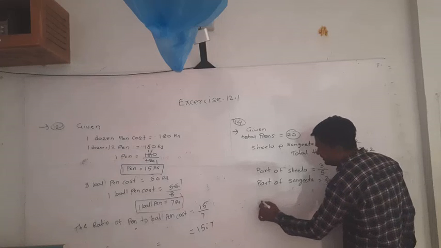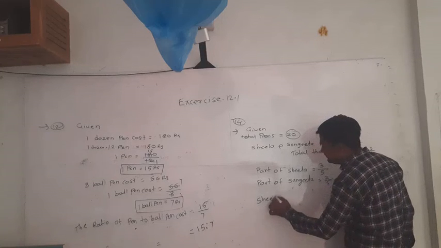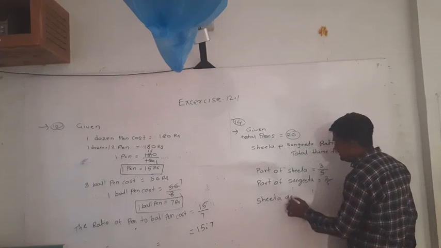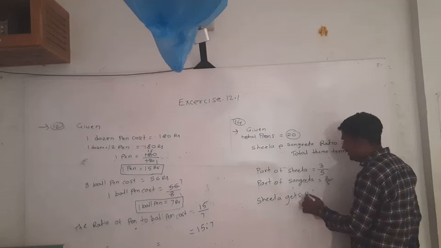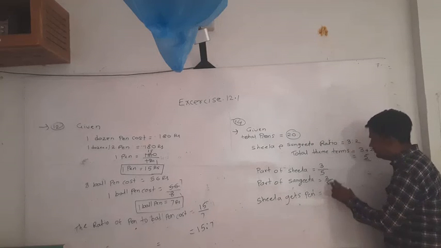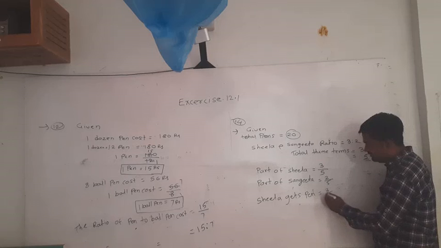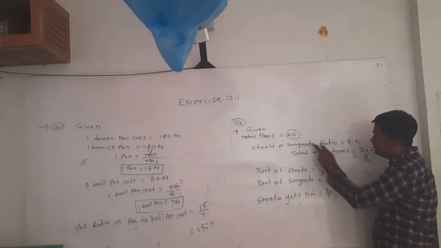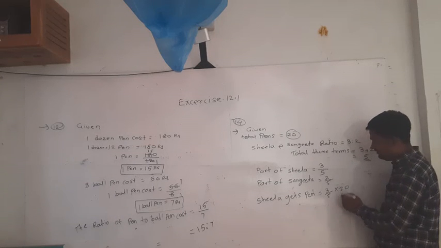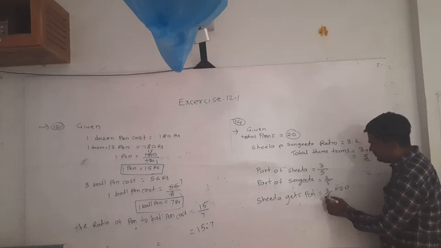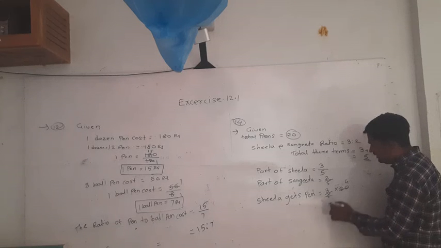It is simple. Sneha gets pens equal to her parts: 3/5 of 20 pens, which means multiply by 20. 5 fours are 20.